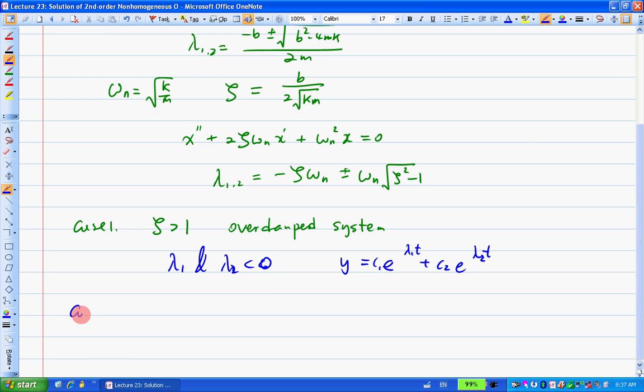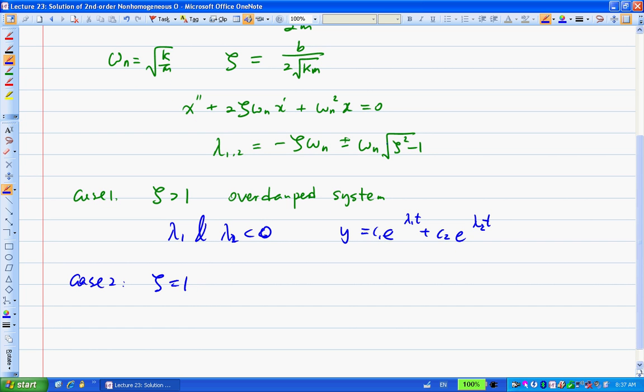So the second case is when zeta equal to 1. If this is equal to 1, essentially this term is gone and you have only one term here, and that gives you the second case, which is what we see as a repeated root.